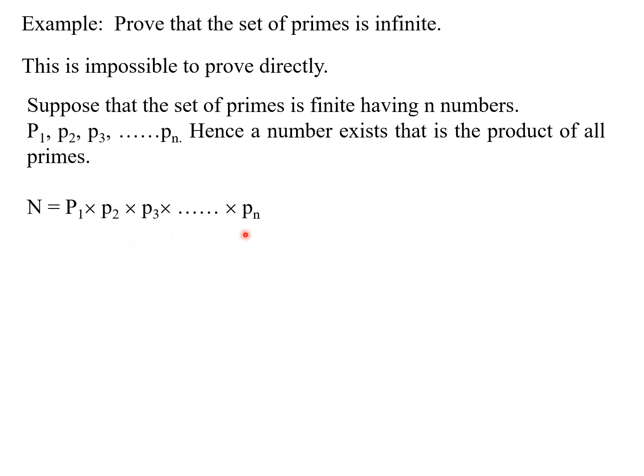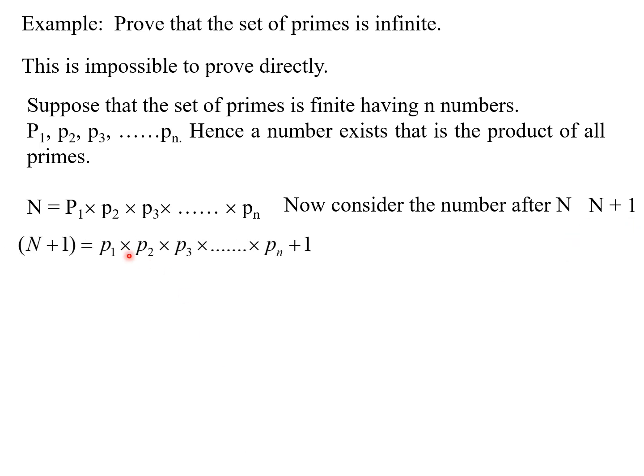P1, P2, up to Pn. And next, now you have to consider the number after n. The number after n is obviously n plus 1. It's like the 5th term, and then the 6th term will be 5 plus 1. That's what it means, okay? So the product of the primes plus 1 will be P1, P2, P3, and so on up to Pn, and always there'll be a plus 1 at the end.